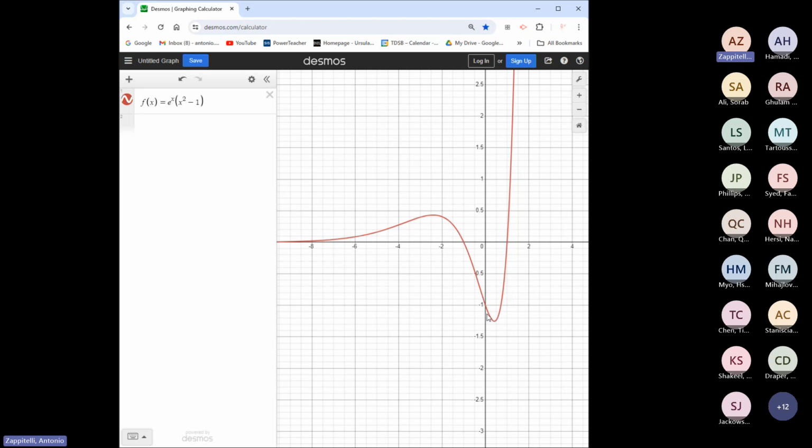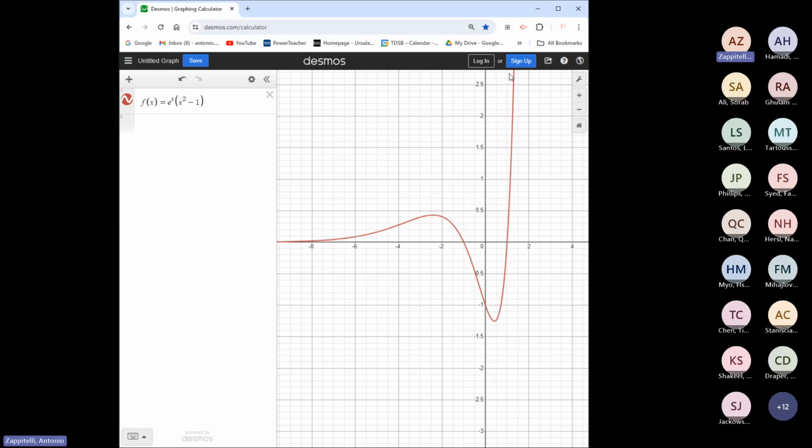Oh, whoa, it becomes concave up again. You see that? Where does that seem to happen? Maybe -0.5, somewhere here? Does that seem reasonable, that it changes from concave down to concave up? And then does it ever become concave down again? No. Okay.